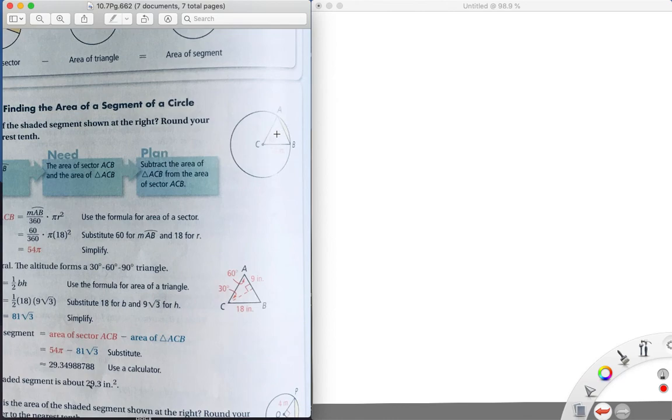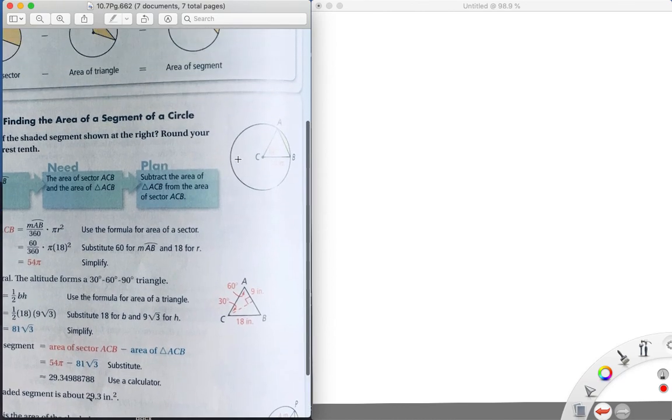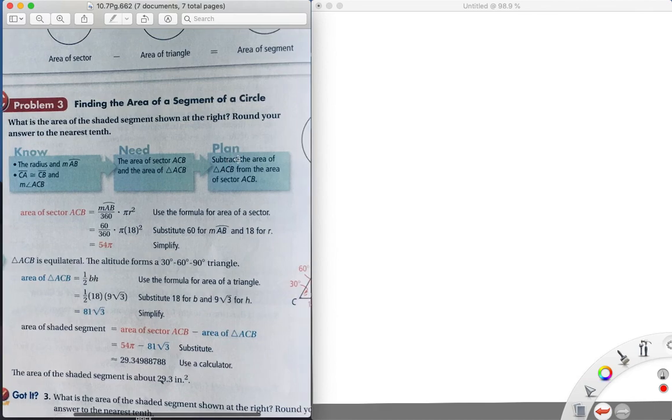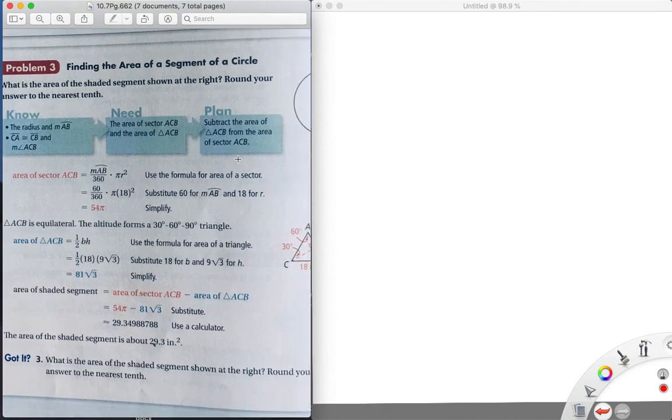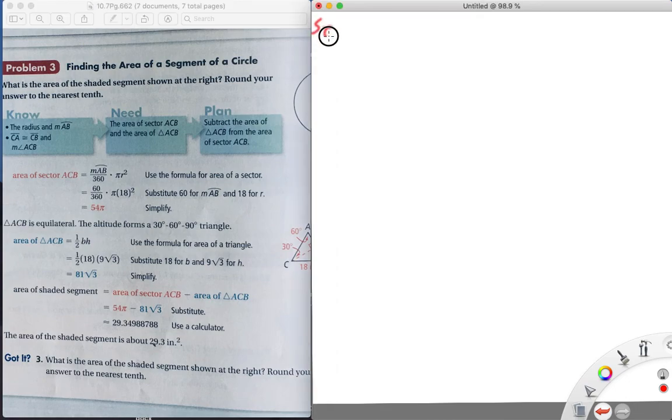So first thing we're going to do is get the area of the sector. And the area of the sector is equal to 60 degrees over 360 degrees. So that's 1/6 times pi r squared. Radius is 18.